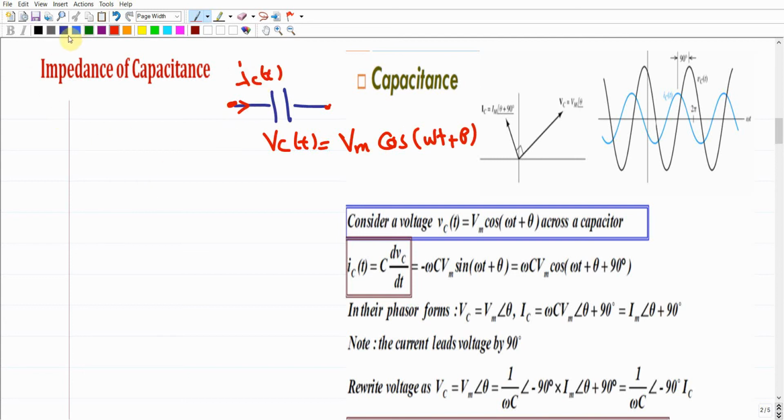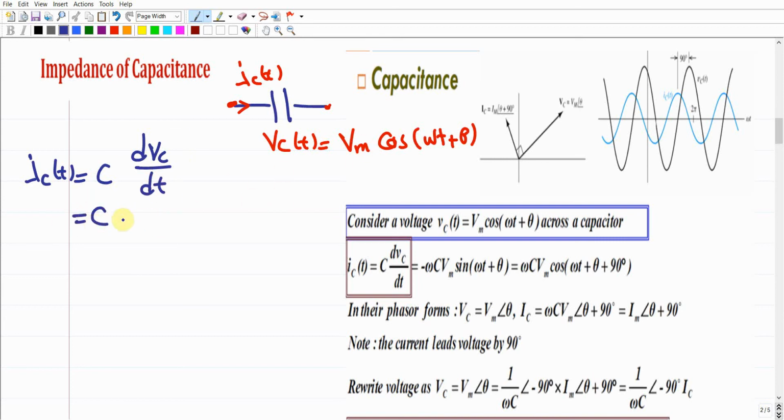We knew from chapter 3 that the current over the capacitor as a function of time is proportional to the derivative of the voltage, which is C times dVc by dt. C is constant.